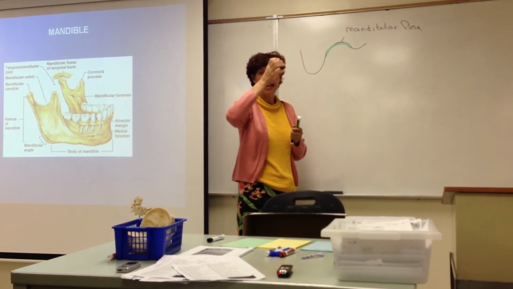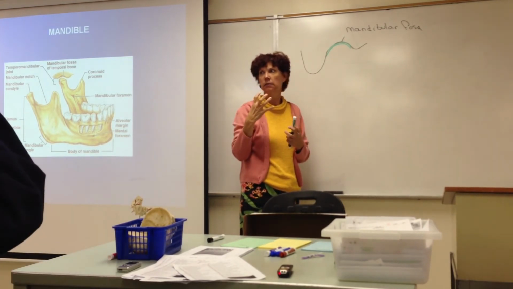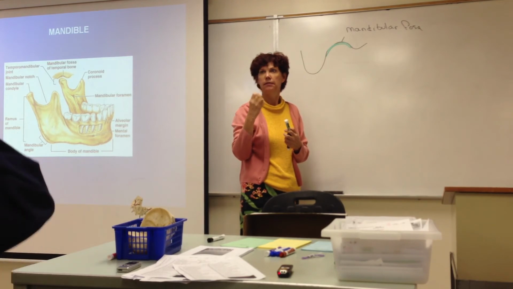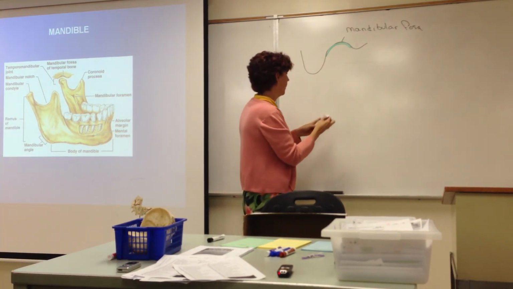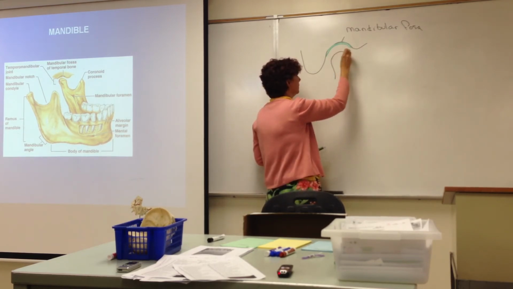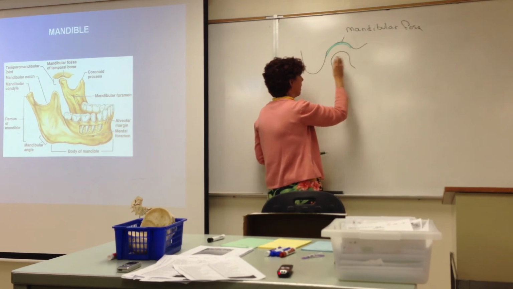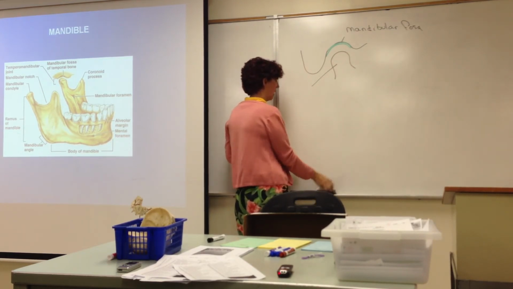And then the condyle, remember what other bone did we talk about on Tuesday that has a condyle? Occipital condyle, articulating with the first vertebra. So the mandible has a condyle that fits up in this area, in this region. The mandibular condyle.